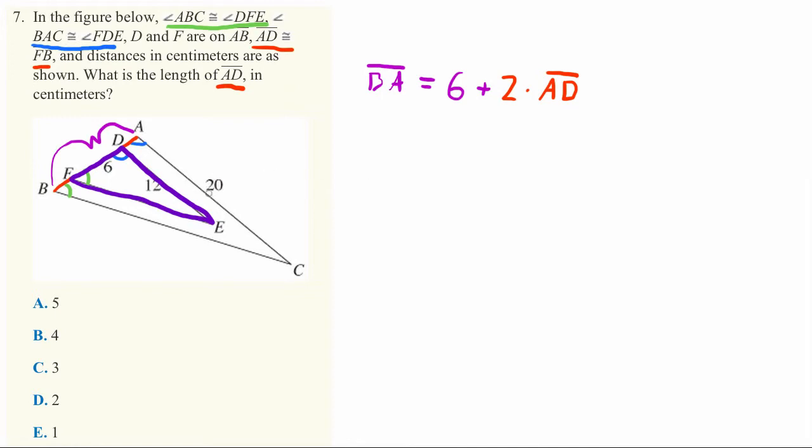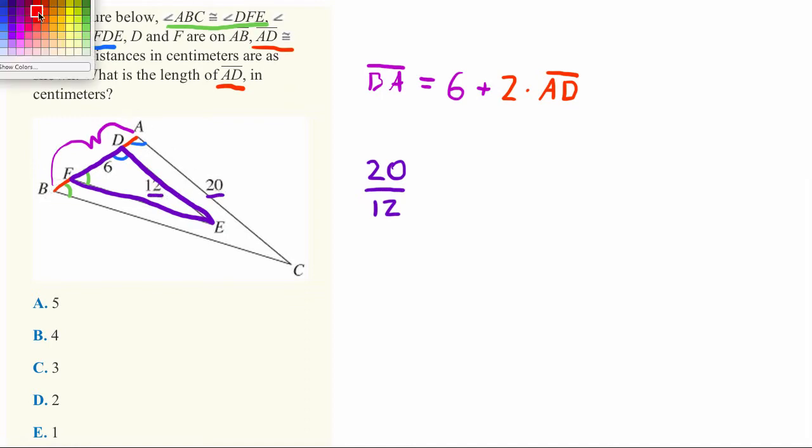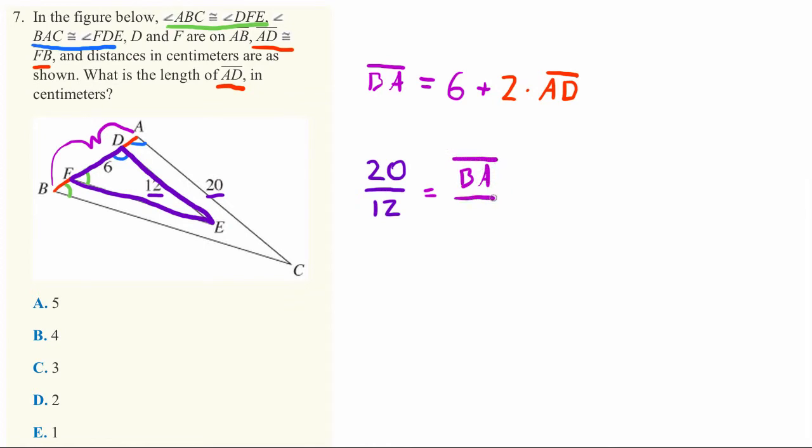That tells us that 20 was shrunken down to 12 here. So this 20 was shrunken down to 12. And then we know that whatever AB was, or as I was calling it BA before, is shrunken down to 6.